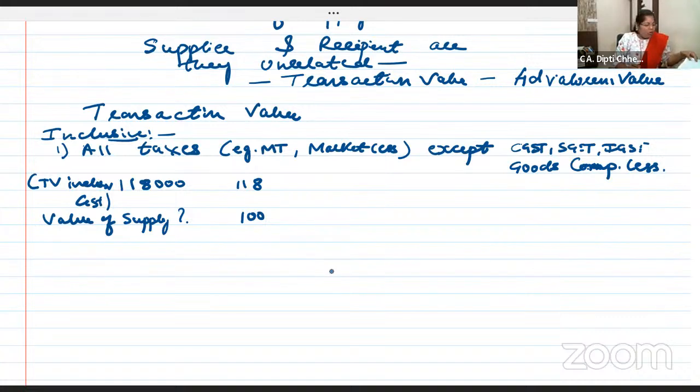Next is all the incidental expenses. Or we can write the third item first as amount paid by the recipient on behalf of the supplier. Are you all with me? The amount is paid by the recipient on behalf of the supplier. Example: a caterer is giving service for rupees 1 lakh.